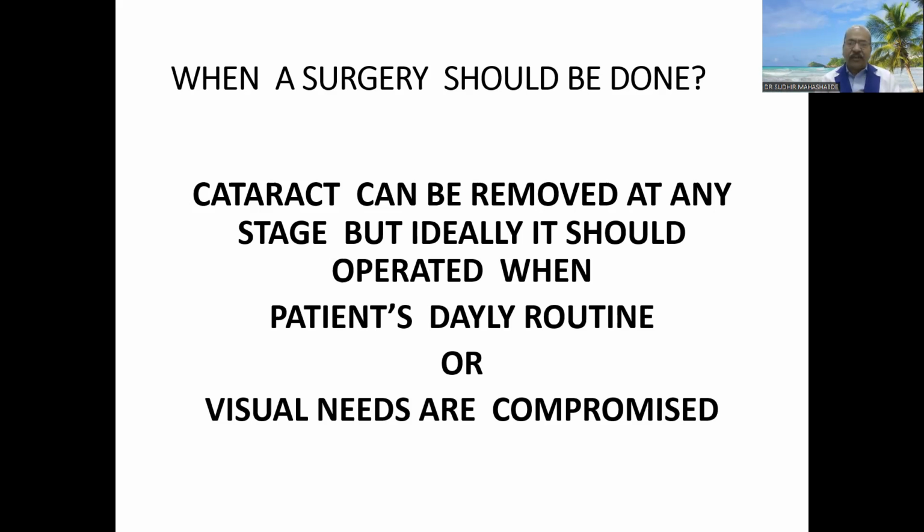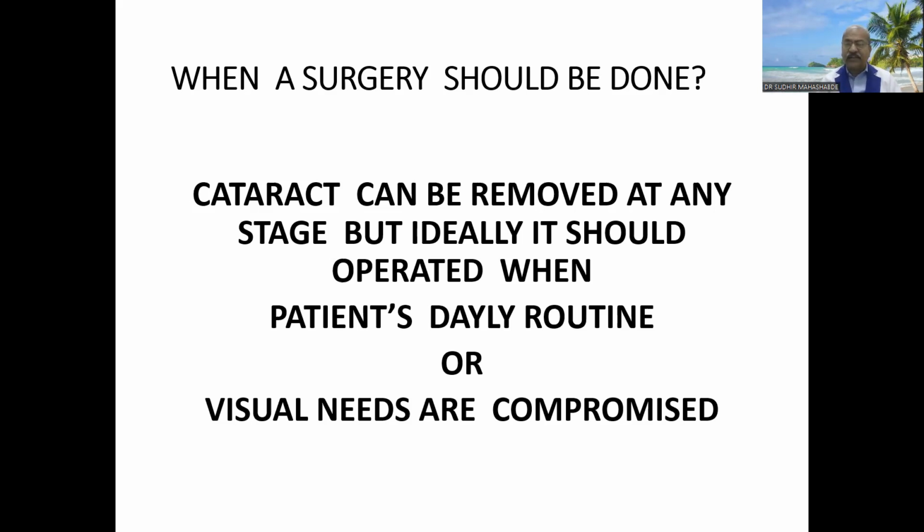That was the version given to the patient because of the technique: if a mature cataract was operated, there were larger chances that the capsule breaks and some nuclear part of the lens remains back in the eye, and the vision may not develop properly. So with that technology, we used to say that the patient should wait till the cataract becomes mature.